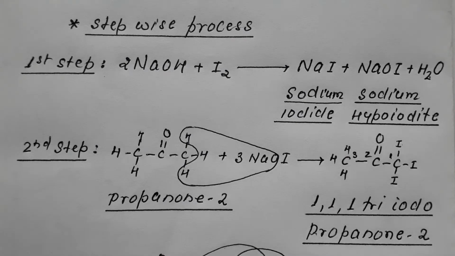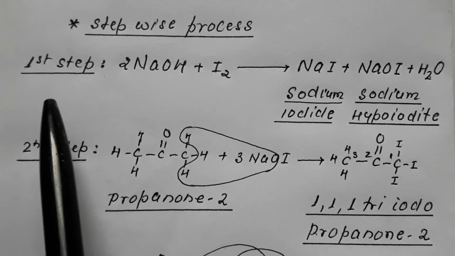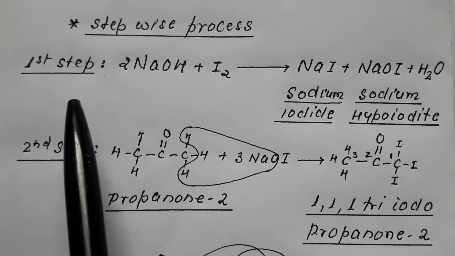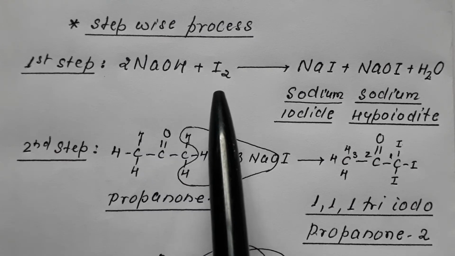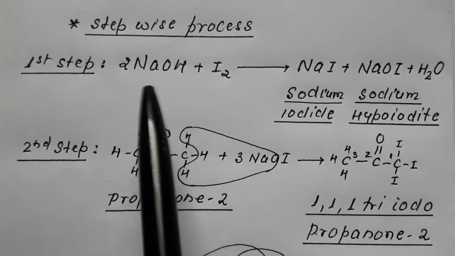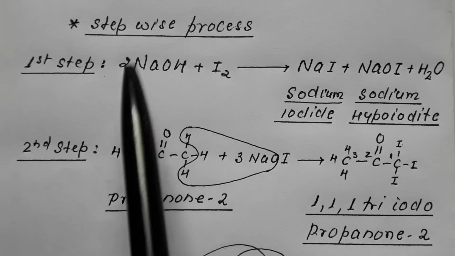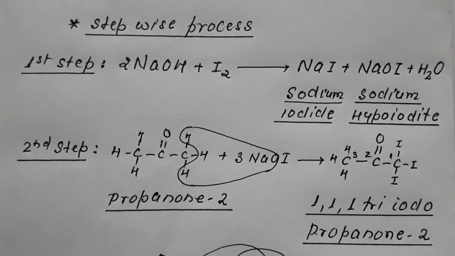Now remember that this iodoform reaction is a stepwise process, which takes place in 3 steps. In step number 1, two molecules of NaOH react with I2. One Na, one I forms NaI, sodium iodide.